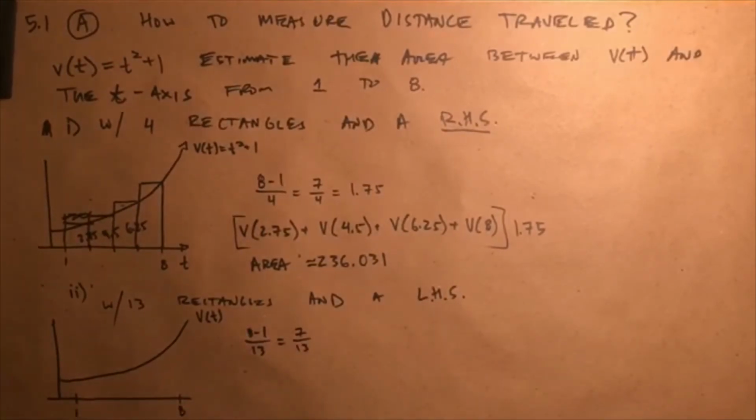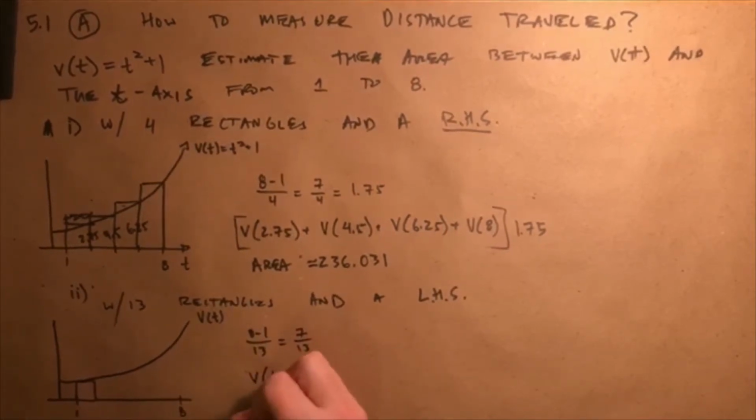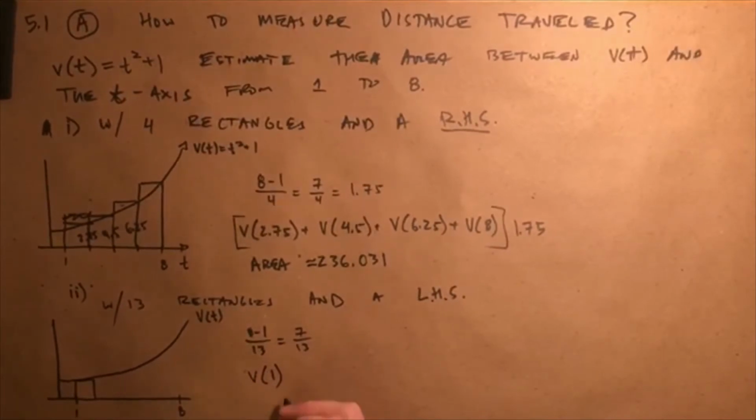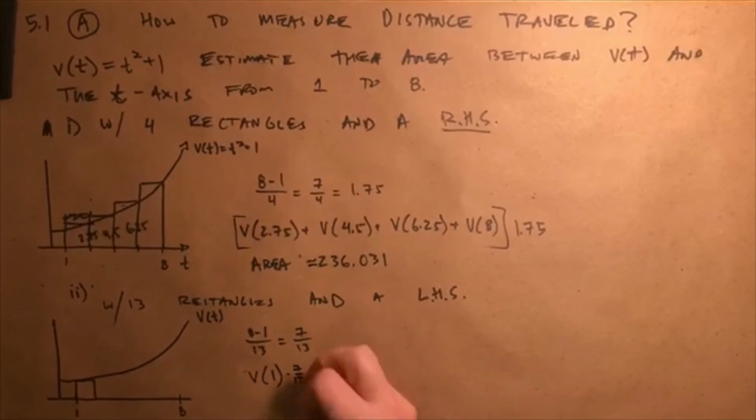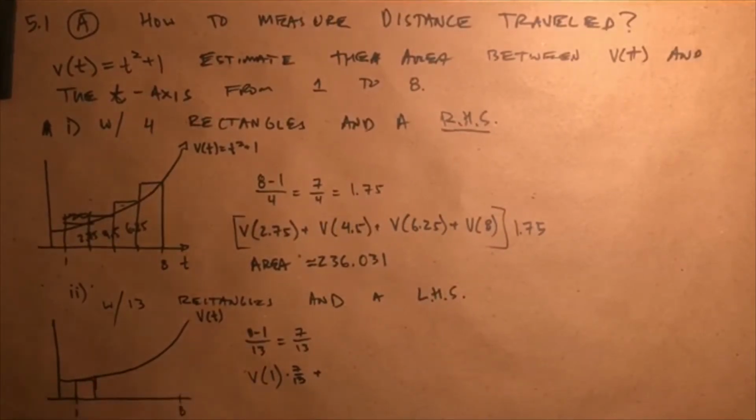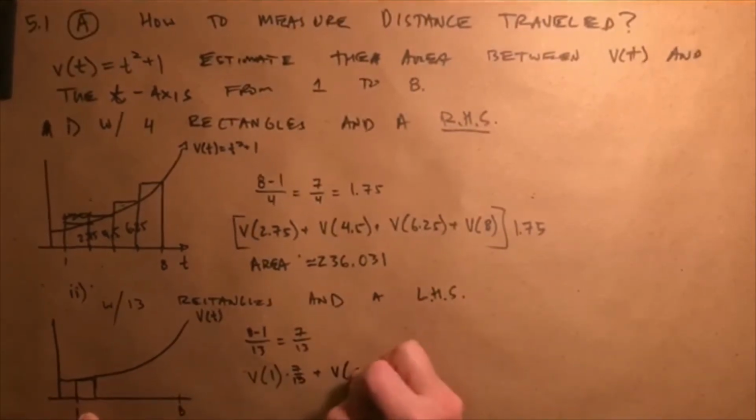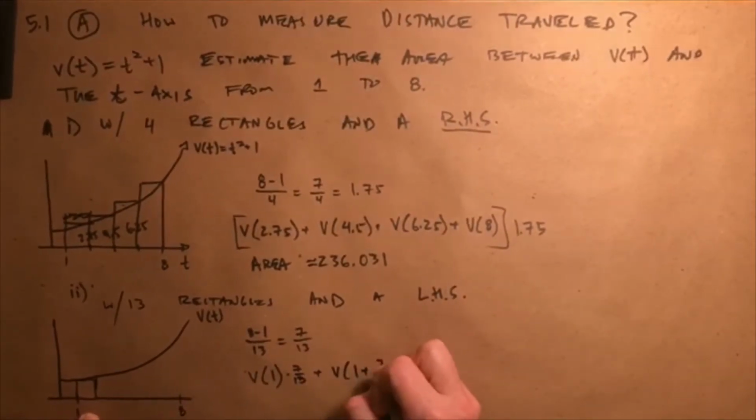Yeah? Now, if I was going to start here for my first rectangle, that's fine. The height will be v of 1. And I could multiply that by 7/13, the width. We'll do that this time. And then the next height is going to be 7/13 further than 1. So I'm going to say v of 1 plus 7/13. Good?